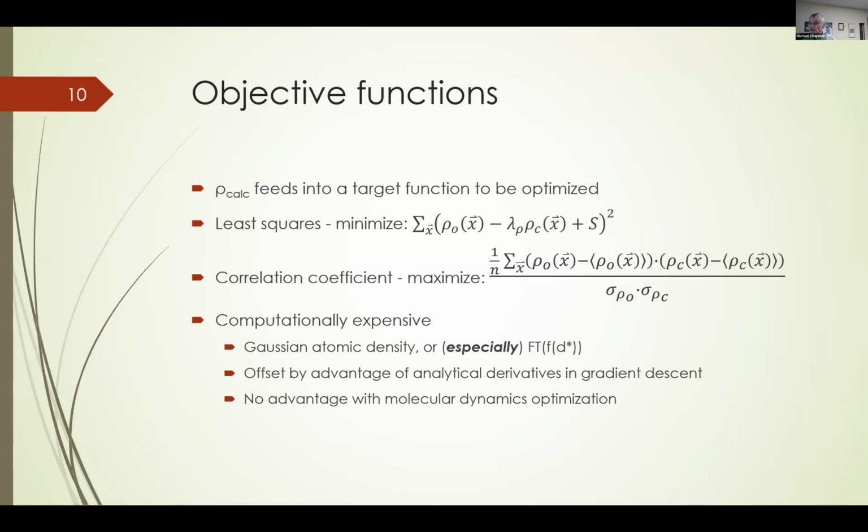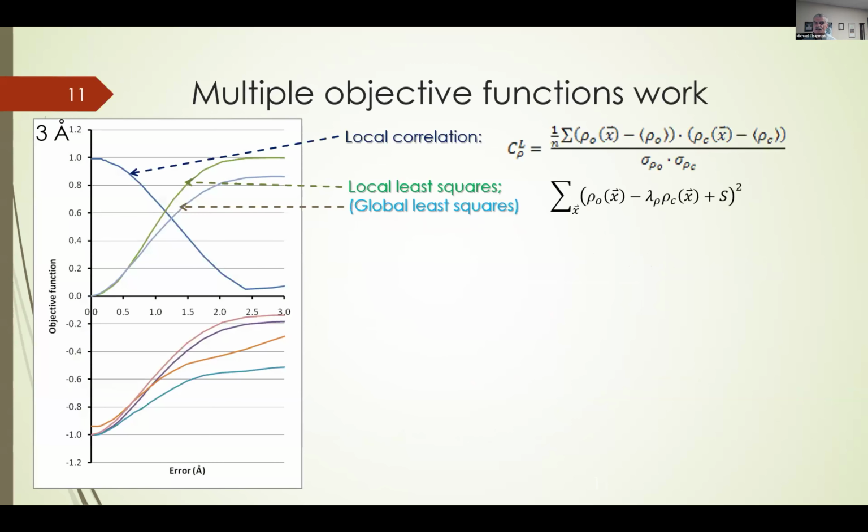And so we get the derivatives that we need for optimization with very little extra calculation. Now, when you're doing molecular dynamics optimizations, there's no gain from that because you're entirely using a set of objective function evaluations at a lot of successive points. And so this really drove the motivation to find more expedient approximations. And there are many of these that work.